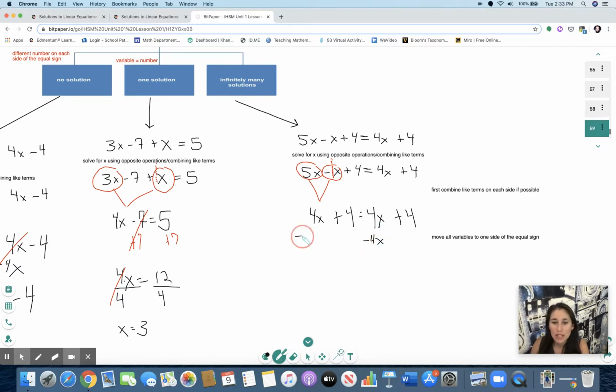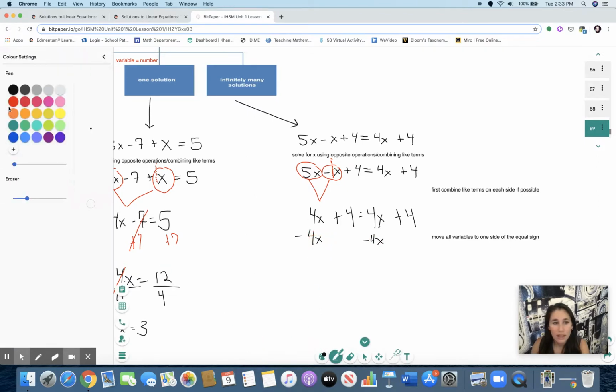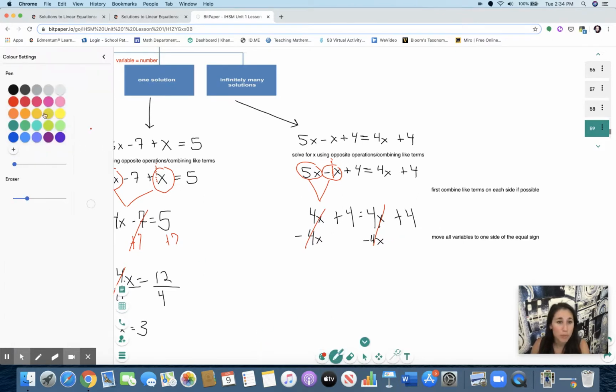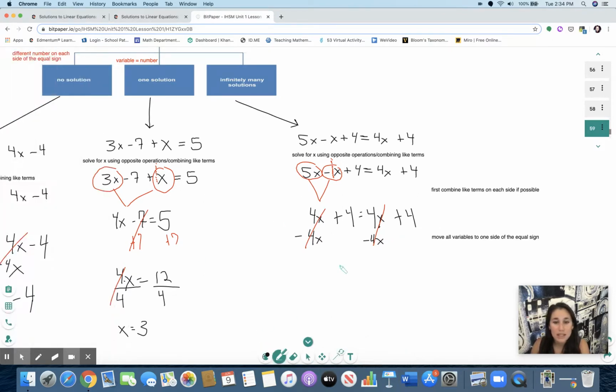And what I do to one side, I do to both sides of the equal sign. And when that happens, they both cancel out, right? 4x minus 4x gives me 0 on both sides. So what I'm left with is a 4 equals a 4.